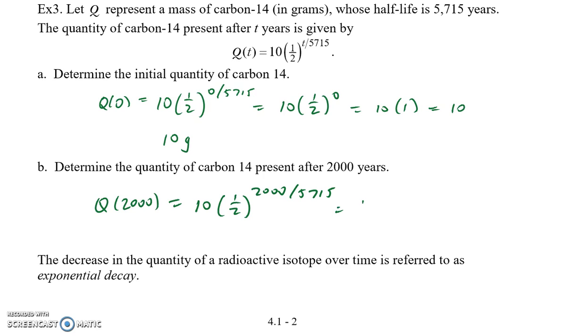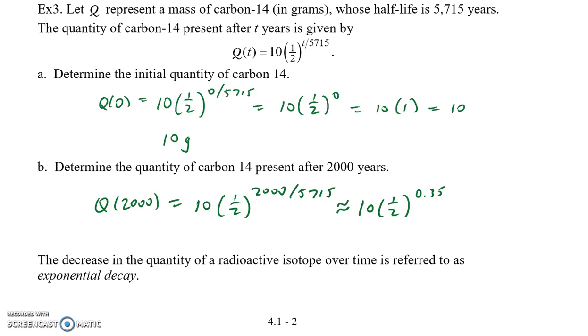Now, to make our computation simpler, we can do 2,000 divided by 5715 on a calculator and approximate this. I'm going to change that from equals to approximately equal, since we're just going to approximate that exponent. It's about 0.35.